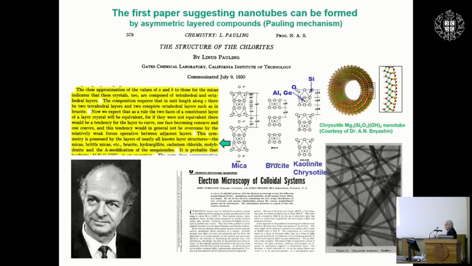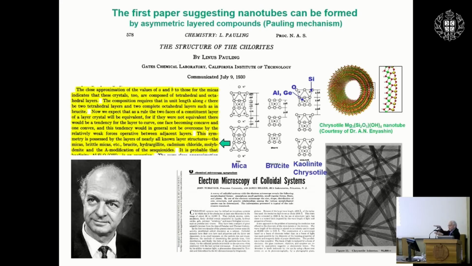While he predicted it from X-ray, he was not able to see it via electron microscopy because he didn't have an electron microscope to see these structures. The other class of materials, the symmetric ones, have the same lattice size on this side, like mica, and on this side.